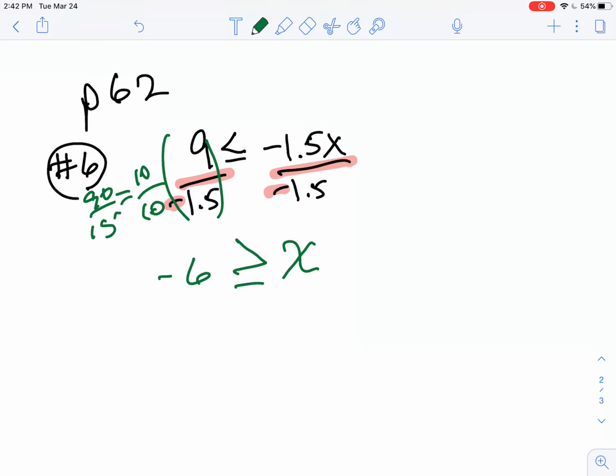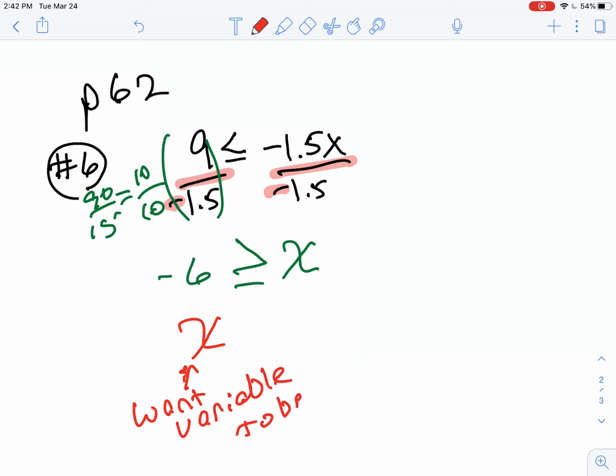My purpose of going over this problem is that this is kind of in the wrong order. Look at it. It has the number first and the variable second. When you have an inequality and the variable is not first, you want the variable to be first. Think about that.